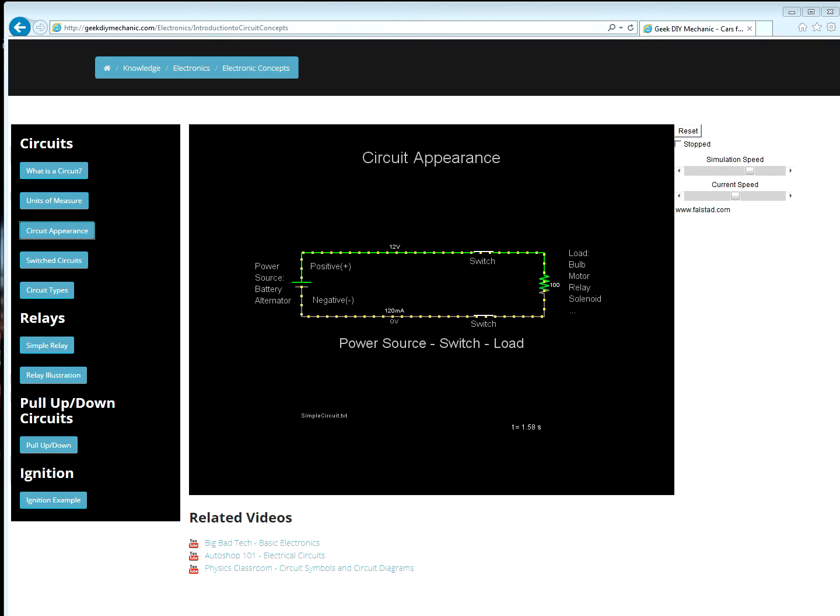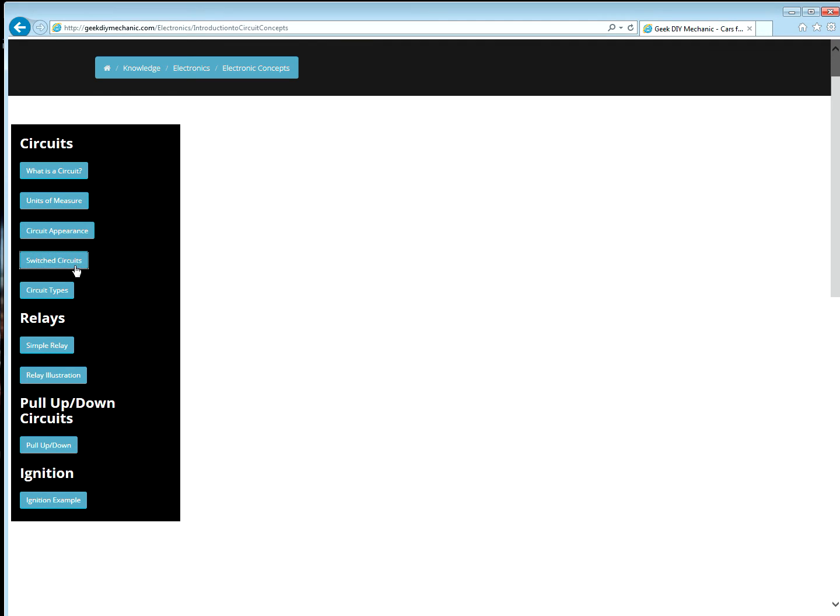The next important topic to discuss is how automotive circuits are usually turned on and off. Let's click on the switch circuits to see what's going on here.